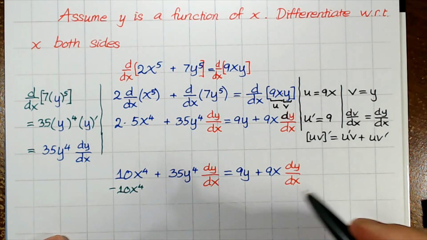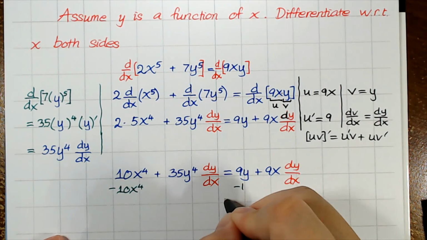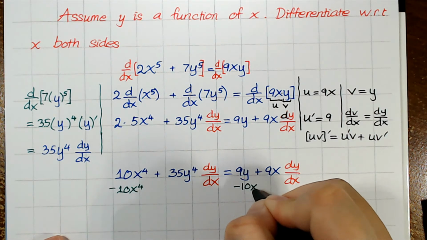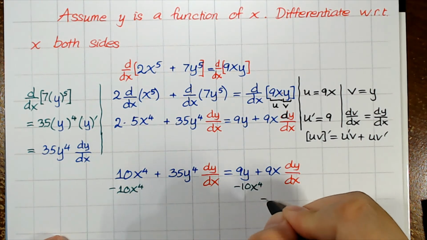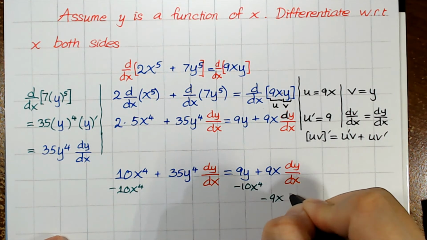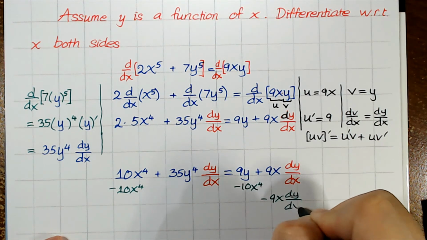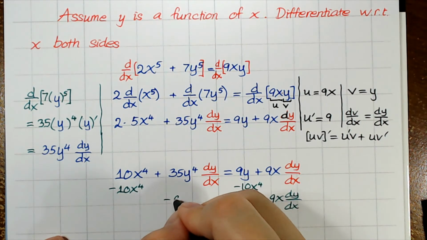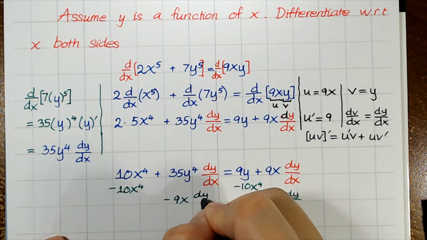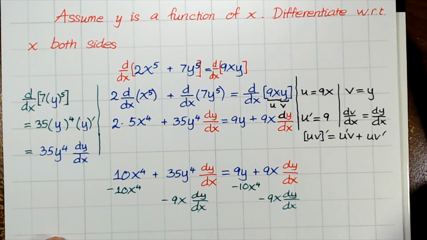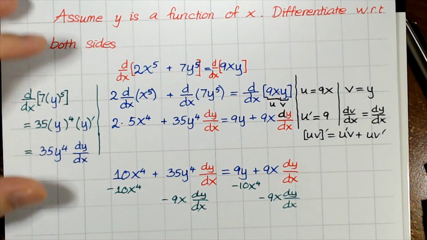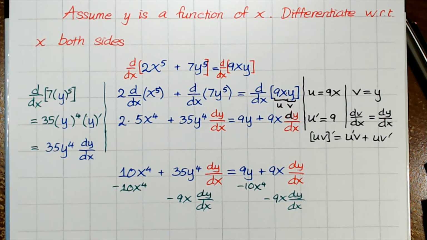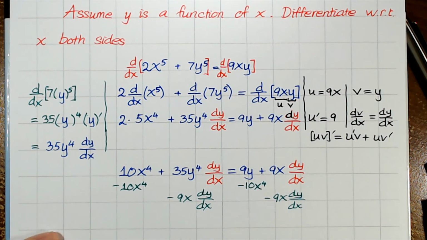If this does not have dy over dx, so minus 10x to the 4th power on both sides, and then minus 9x dy over dx. So do that. We will have everything with dy over dx on one side and everything else on the other side.